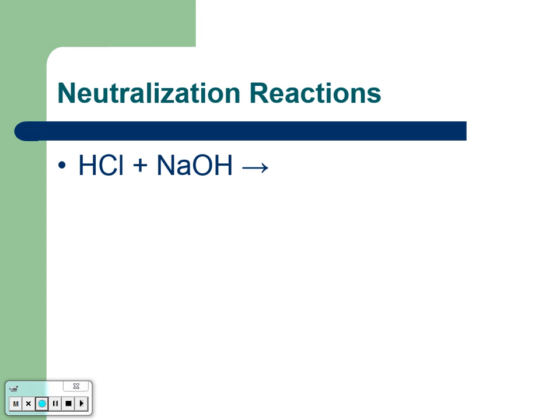So, that being the case, the H is at the beginning of this compound, the sodium is at the beginning of this compound, the chlorine is at the end of this compound, the hydroxide is at the end of that compound. Okay? Double replacement. We flip fronts and backs.